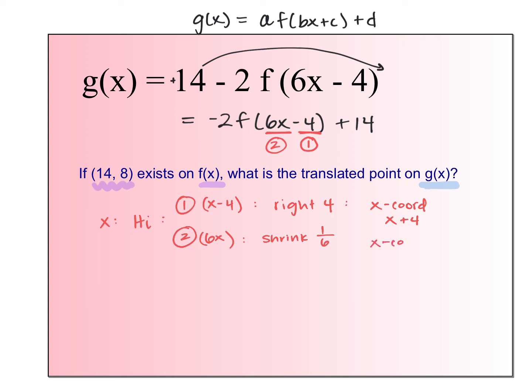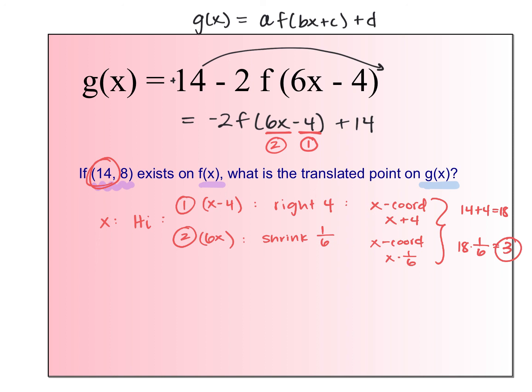So my x coordinate needs to get multiplied by 1/6. Applying that to this point, my x coordinate originally is 14, so I'm going to take 14 plus 4, that gives me 18, and then I'm going to multiply that 18 by 1/6, giving me 3. So my final x coordinate is 3.